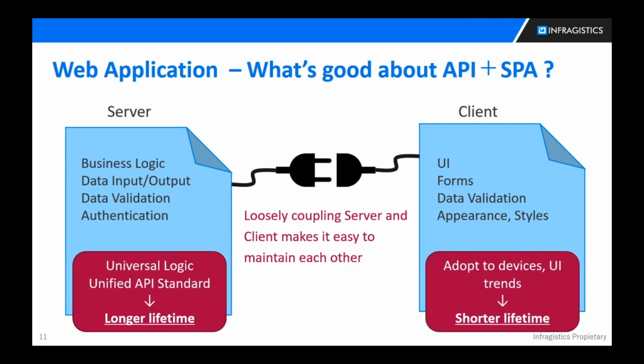If you tightly couple those two things, it's almost impossible to improve your application over the years. But if you build web API services plus client-side rendering, you can change the client side very easily, reuse your logic on the server side, and keep up with the latest technologies.